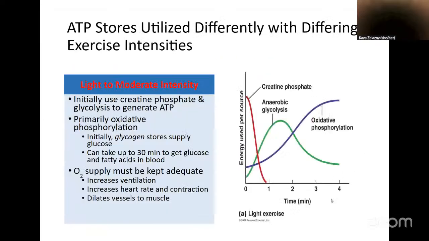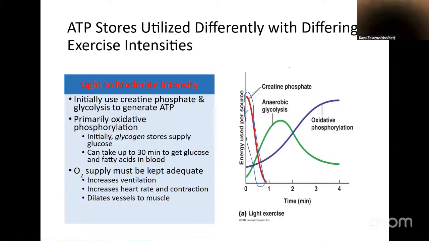We're going to see that when you start exercising, regardless of which type of exercise you're doing, we're going to be using this creatine phosphate system to jumpstart our exercise. Here we're looking at the energy and where it's coming from for our exercise. So you see that the creatine phosphate system is our first source.